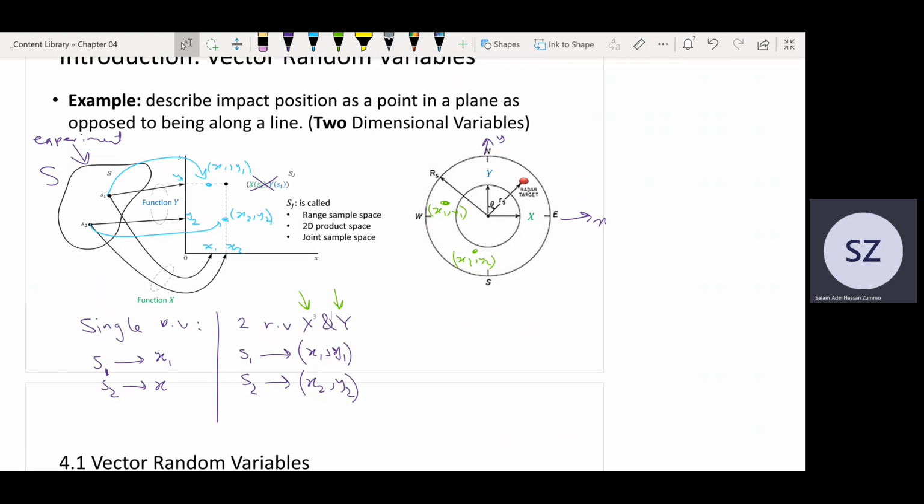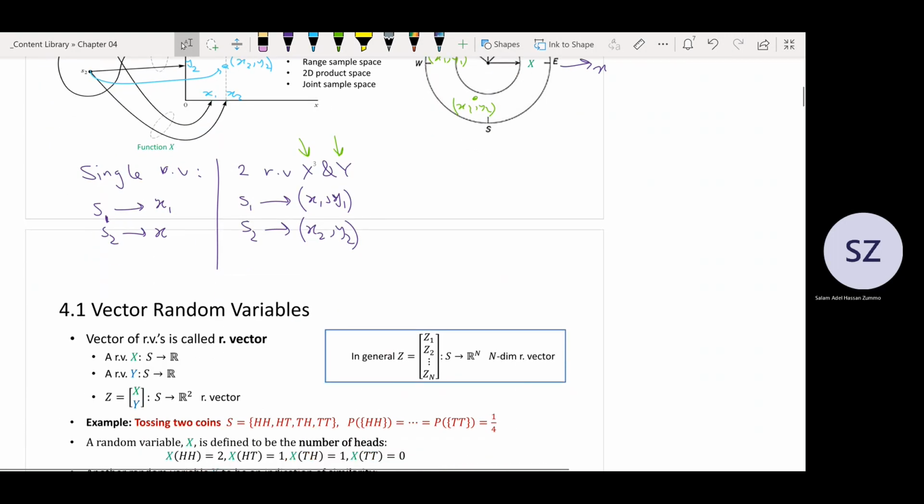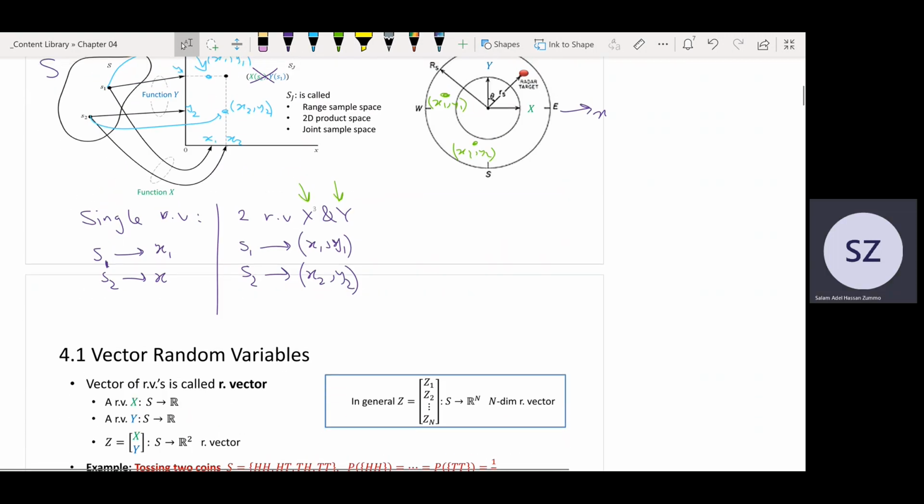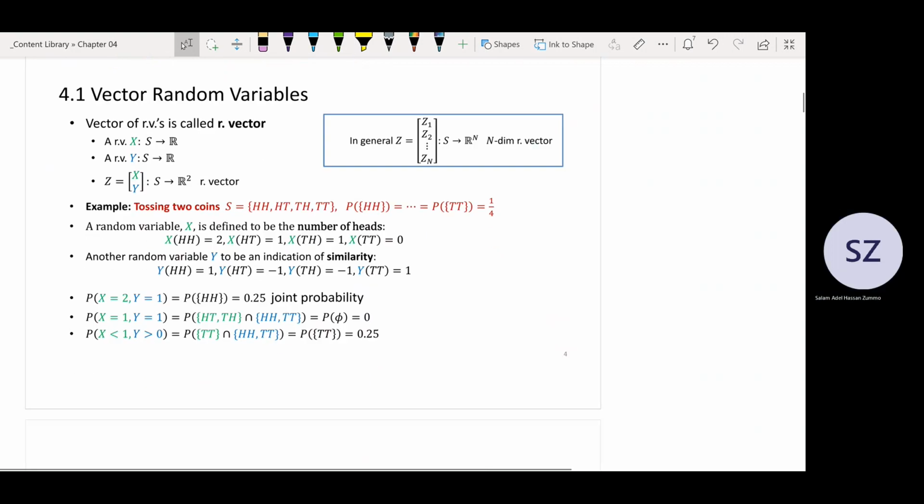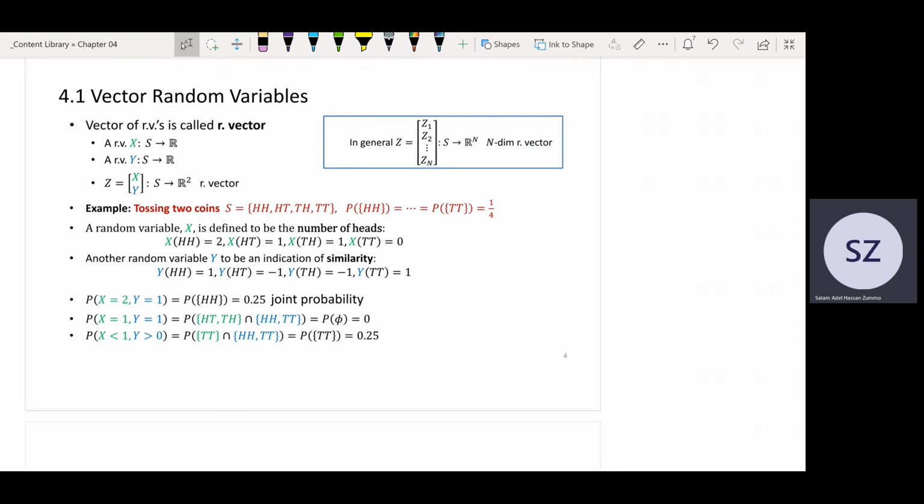Any questions about where the two random variables exist and why they exist? Now let's see. We call two random variables, or more, a vector of random variables. So a random vector.